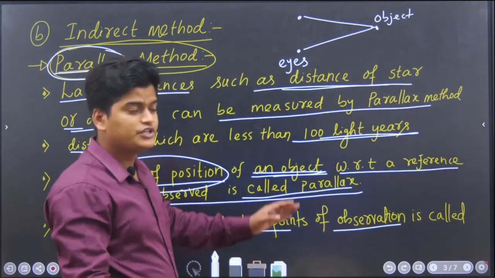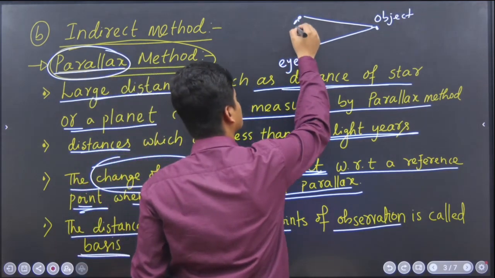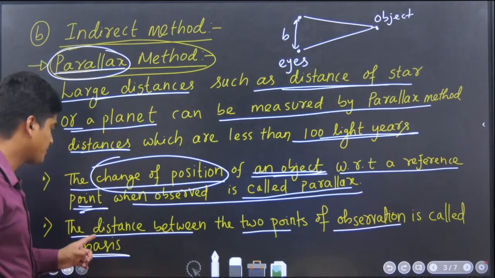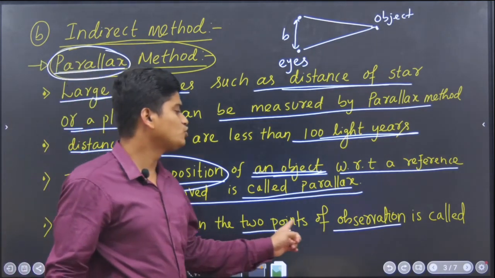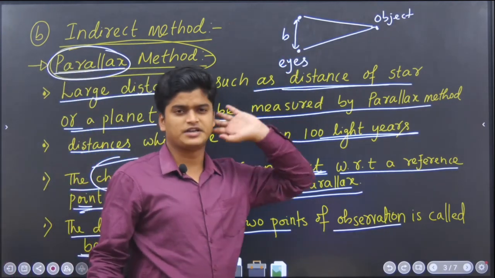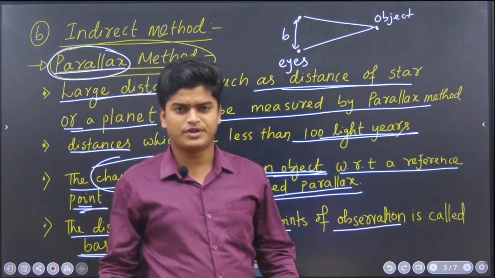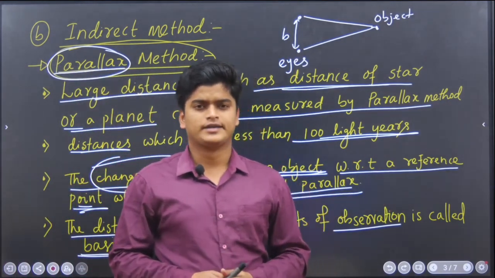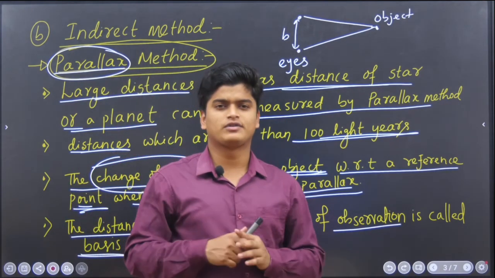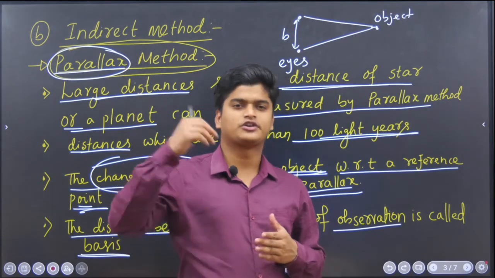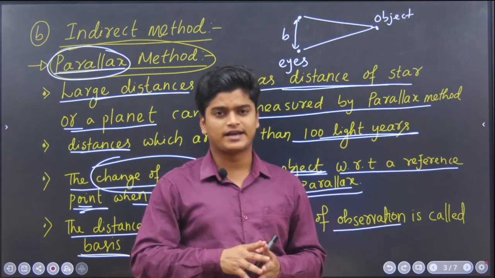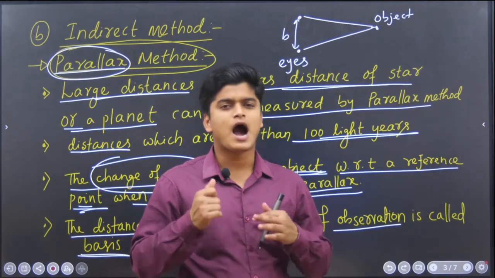The distance between these 2 observations is called B, or the basis. This is just a normal idea I am giving. In the next slide, we will see how this works and how we can calculate the distance between the sun and the earth, the moon and the earth, 2 planets, or 2 stars.